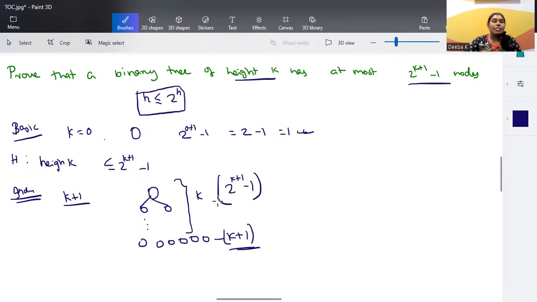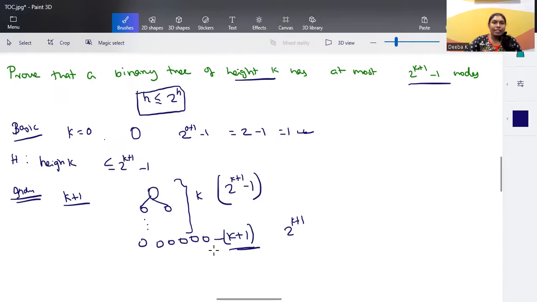So now we count the number of leaf nodes in the level k plus 1. Using this formula, we can write it as 2 power k plus 1 leaves. According to the criteria, up to the kth level, my binary tree will have 2 power k plus 1 minus 1 nodes.